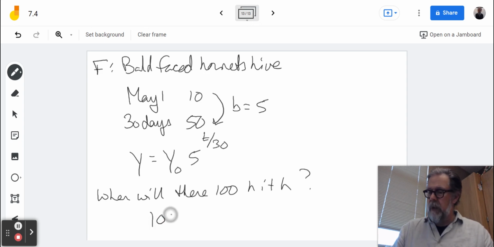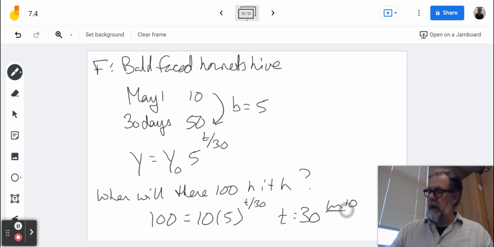Or I could just type in 100 equals 10 times, because it's y sub naught, 5 to the t over 30. And what I see is that the time is 30 times the natural log of 10 over the natural log of 5, which is approximately 43 days. There will be 100 hornets in that hive.